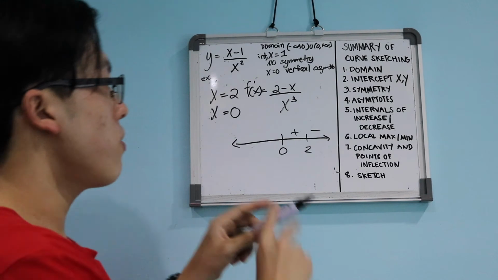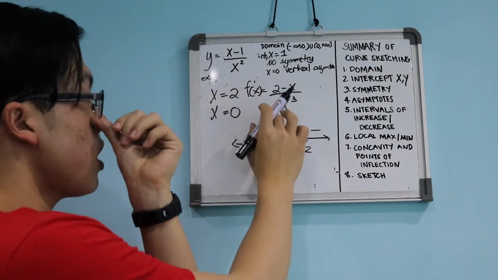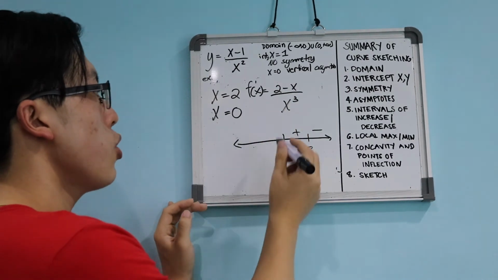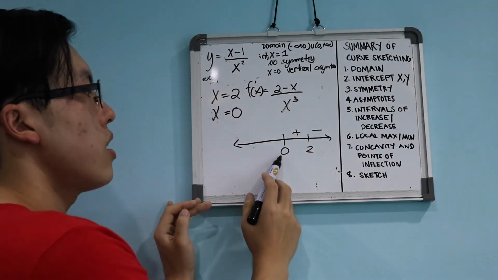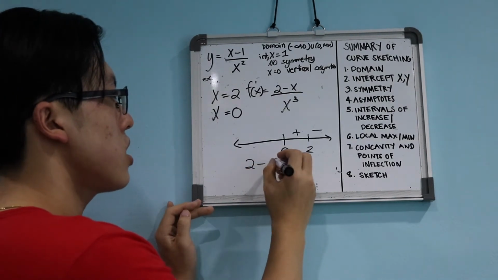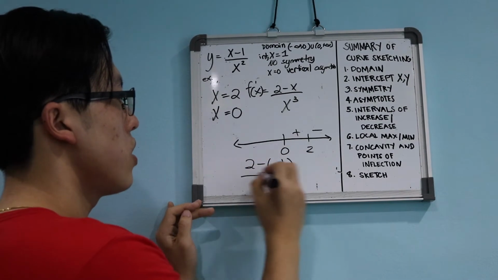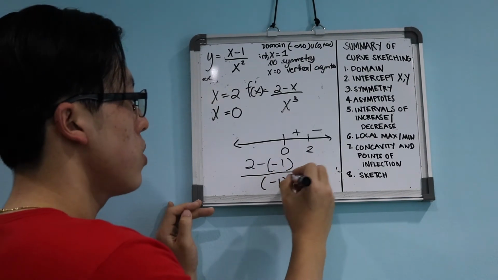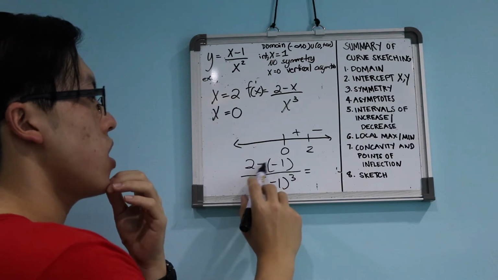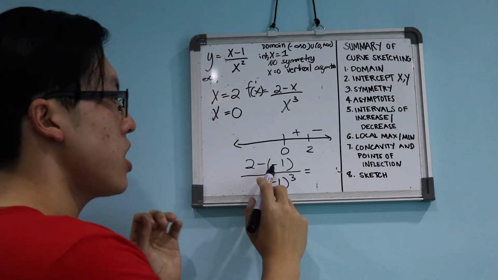Again, from the derivative function, you need to plug in a value that is less than 0. So 2 minus negative 1 over negative 1 cubed. So negative 1 times negative 1 makes positive 1.